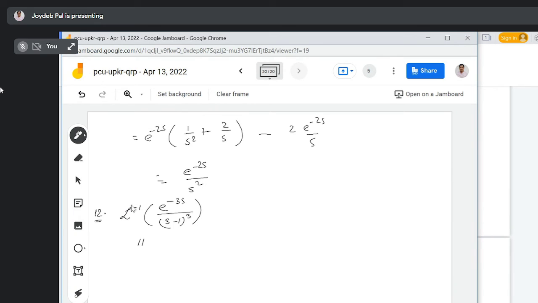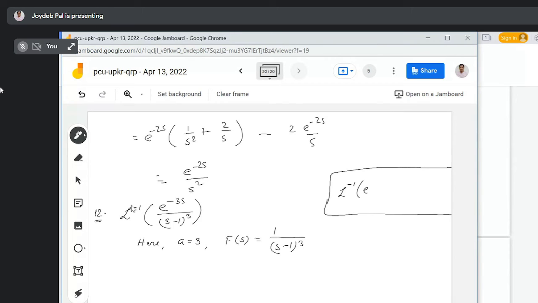What is small a? 3. And F(s)? 1 by s minus 1 whole cube. Yes. See, first write the formula on the side, in rough. Laplace inverse of e to the power minus as into F(s). Don't think of it like F(s minus a), because here we are not applying the first shifting.